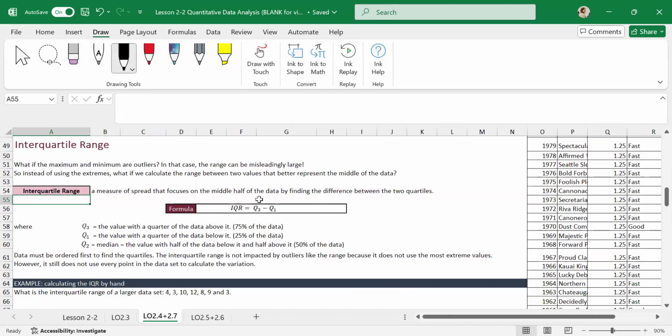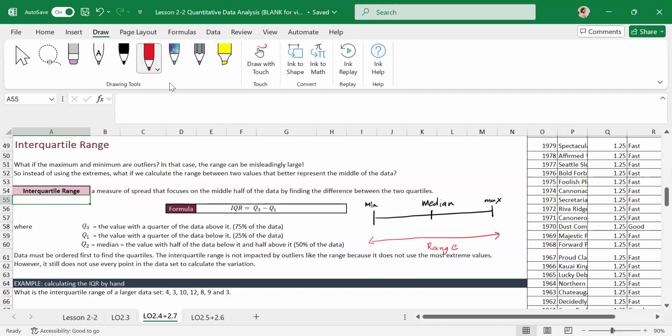What the interquartile range does is, let's say the minimum is here, the maximum is here. So this would be the min, this would be the max. The middle number is the median. So that's the median here. What they do instead of finding the difference between the min and the max, that's the range, from here to here is your range, is they say, let's not use the minimum and the maximum in case they're outliers.